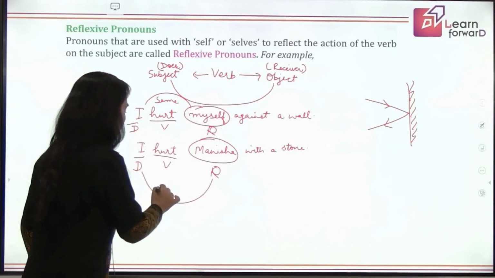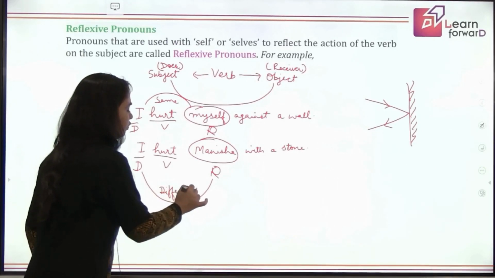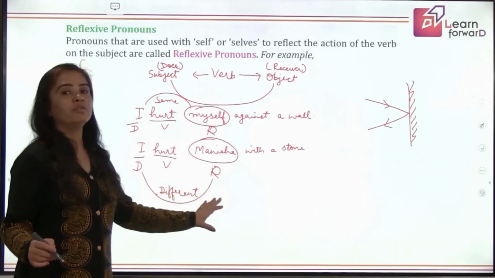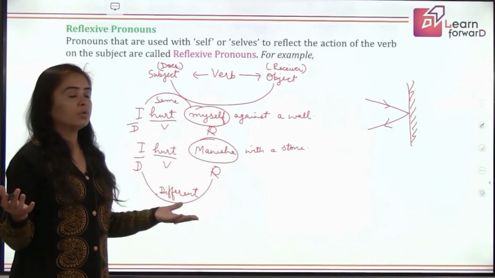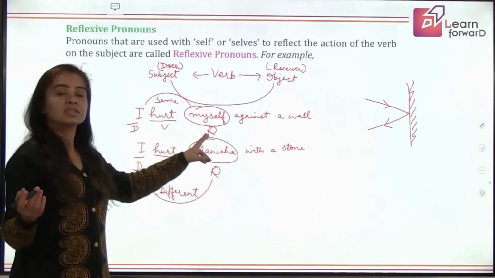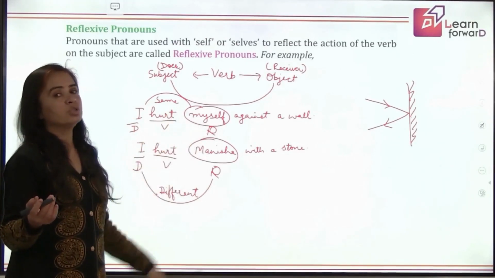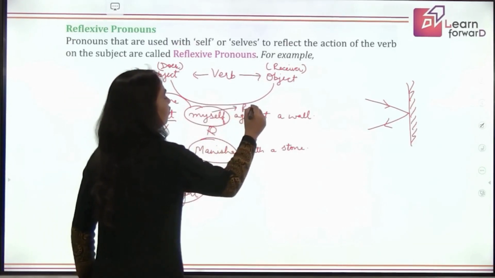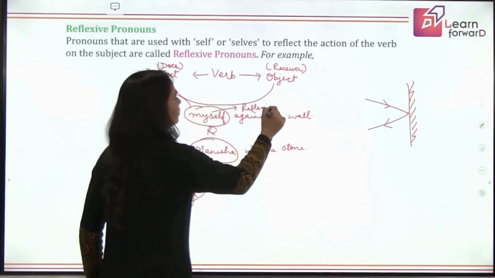So they are different. This is the best way to find out reflexive pronoun, children. When they are different, there is no reflexive pronoun, but when they are same, that gives you reflexive pronoun. So this myself is reflexive pronoun here.